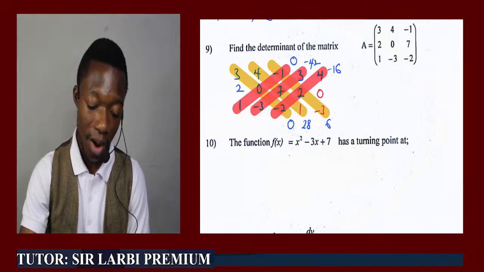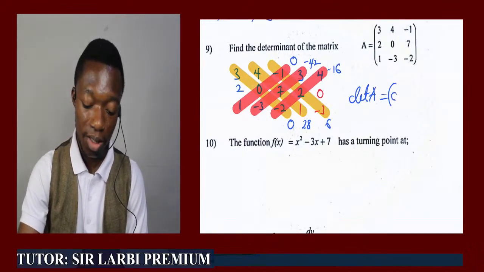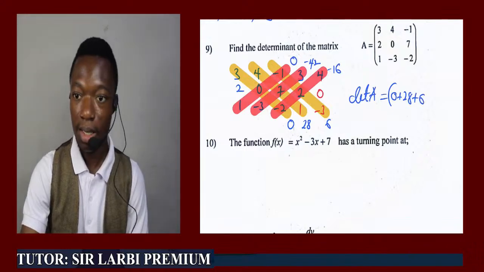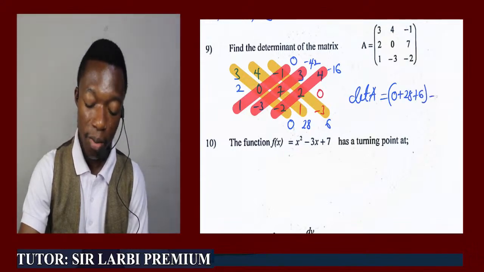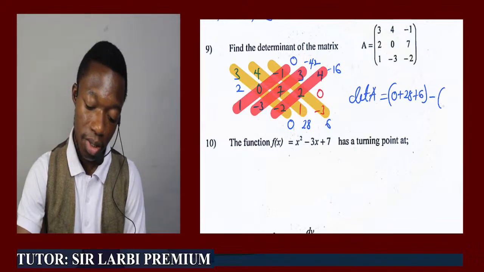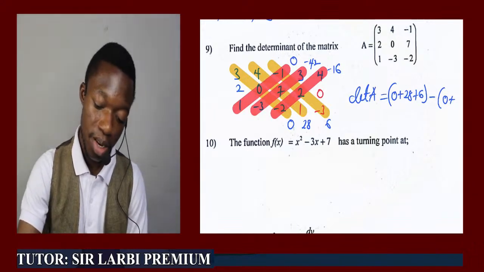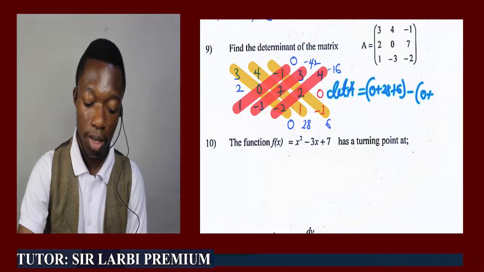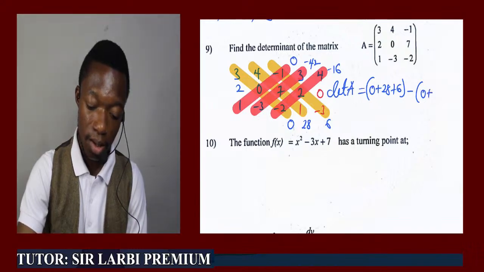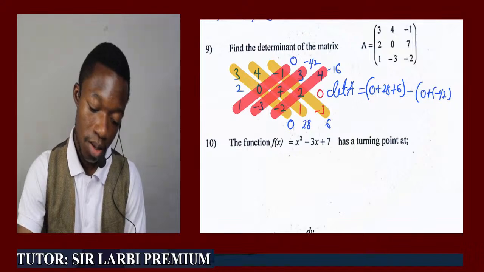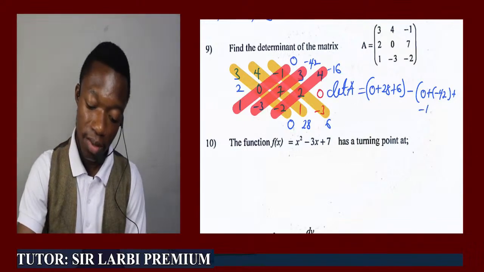Once you are done with this, our determinant of A is the summation of the result of the product of the downward arrows, which is 0 plus 28 plus 6, then compare that to the upward, which is 0 plus negative 42 plus negative 16.